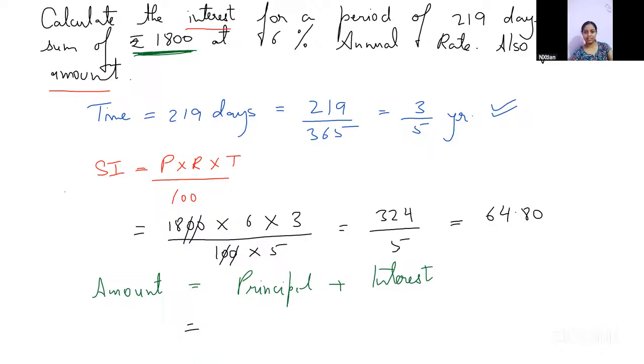Principal is 1,800. What is the interest? 6% interest. How much? 6%. Then what is rate? Tell me what is interest?